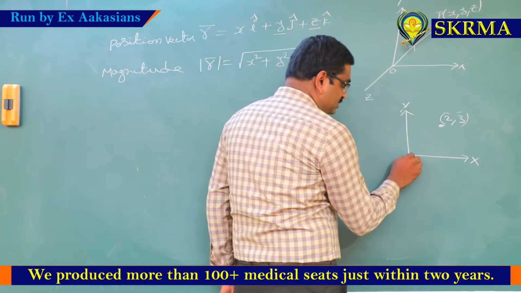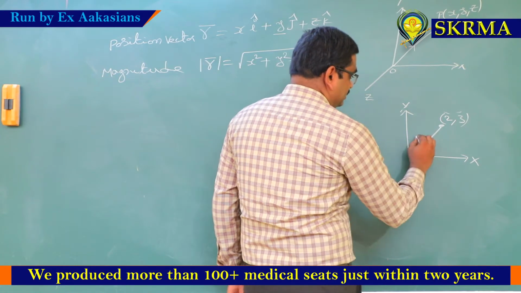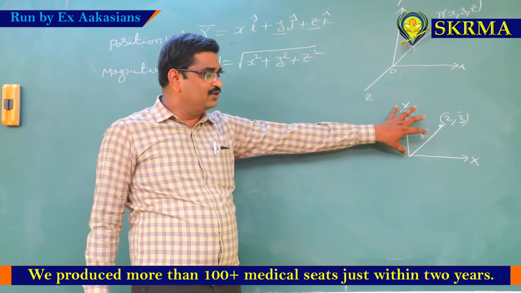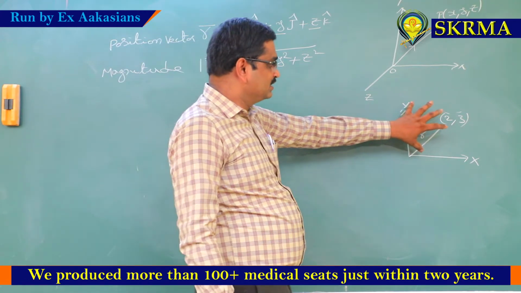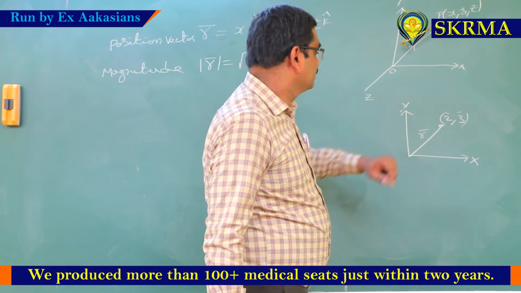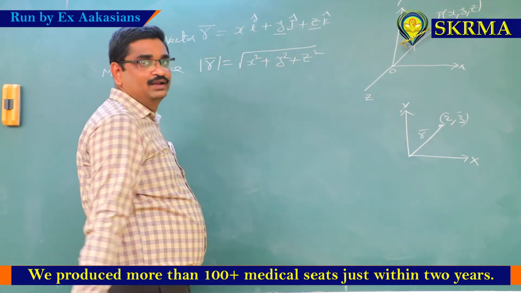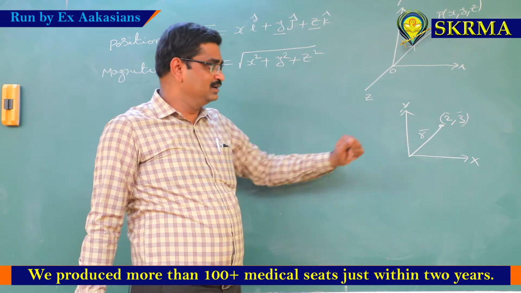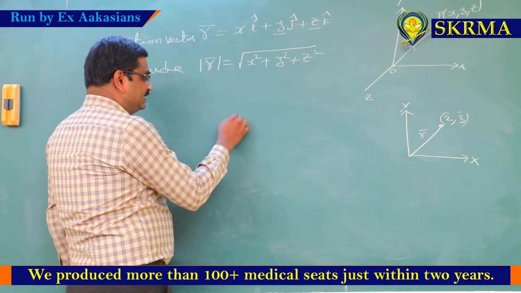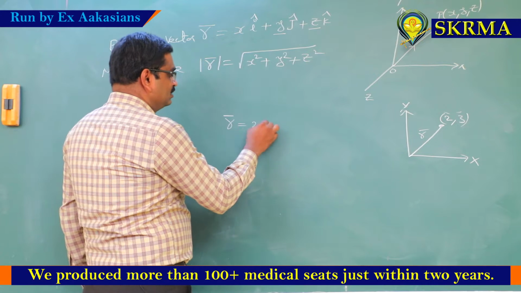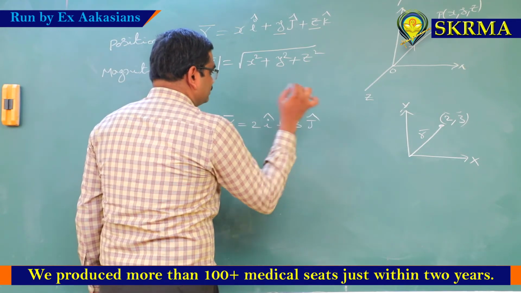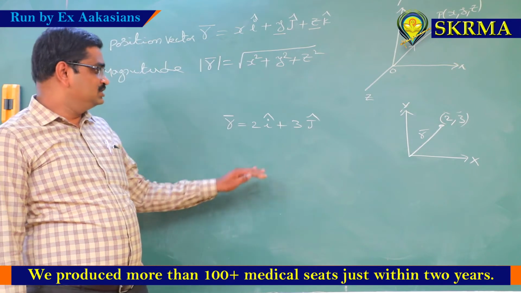Now for this point, let the position vector be r bar. How are you going to represent the position vector for this position? We can write r bar as 2 i cap plus 3 j cap. This is the position vector.